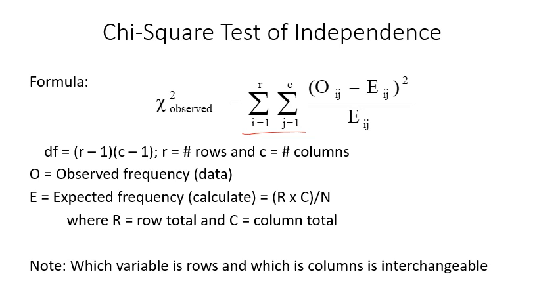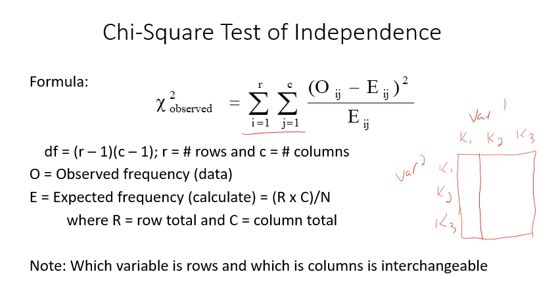You're going to have variable 1, variable 2, and you've got category 1, category 2, category 3, and category 1, category 2, category 3. You're going to have all these different cells that we're going to deal with. So you've got rows and columns.